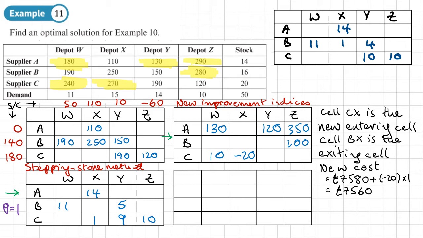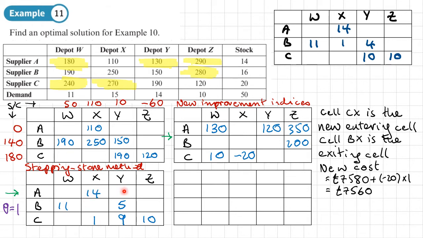Now you could work that out manually, so you could work out 110 times 14 and 190 times 11 and so on, multiplying each of these by the costs here for each unit, but this is the quicker way of doing it. So we repeat the steps again.